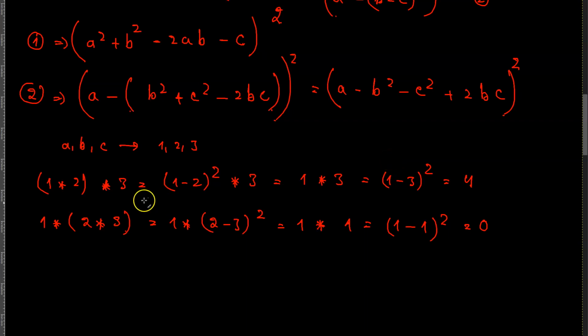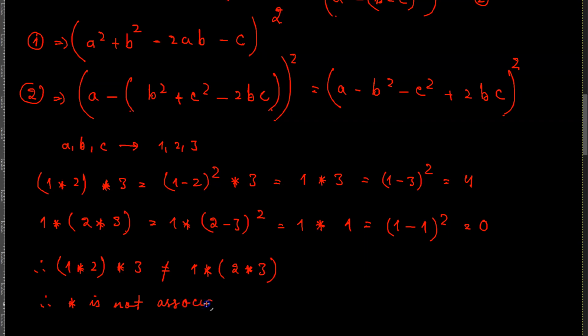Right? So that means that 1 star 2 star 3 is not the same thing as 1 star 2 star 3, which means that basically star is not associative.